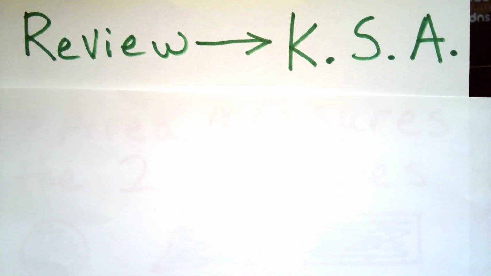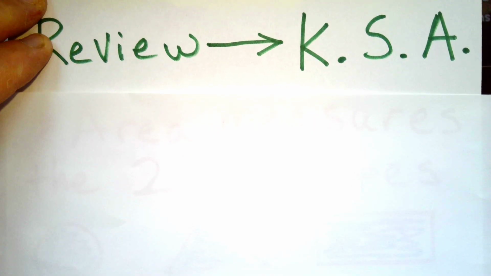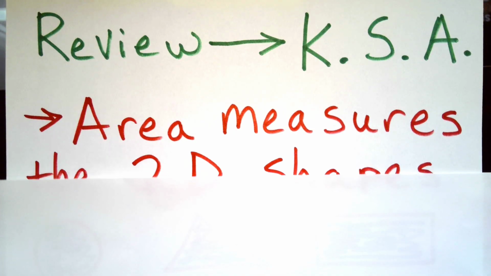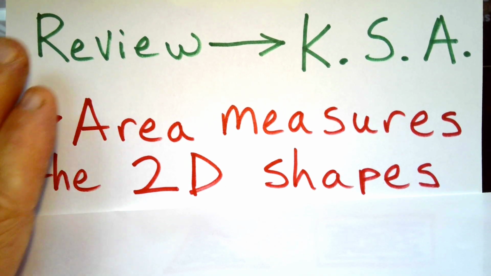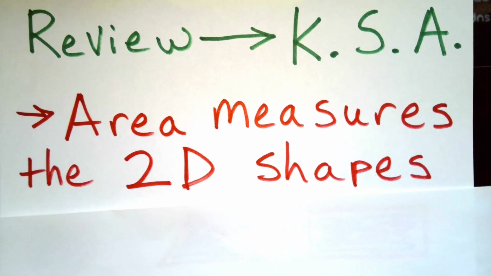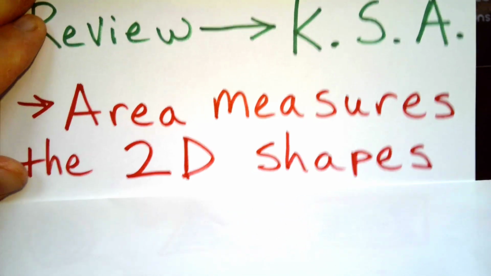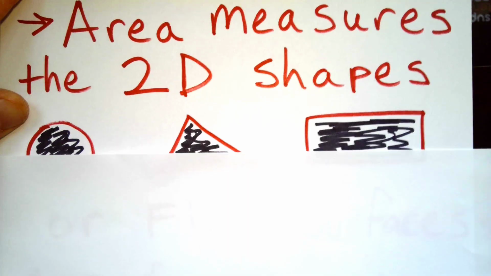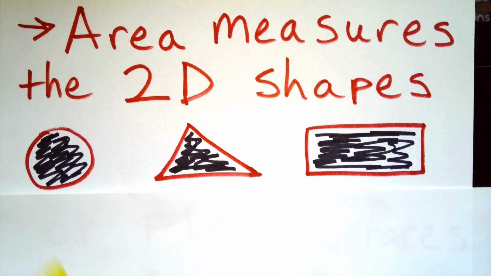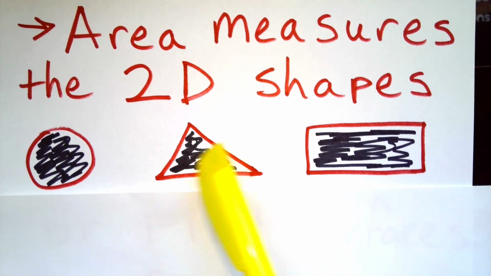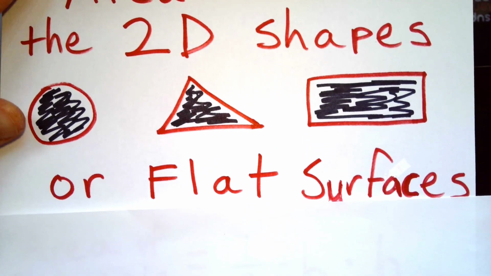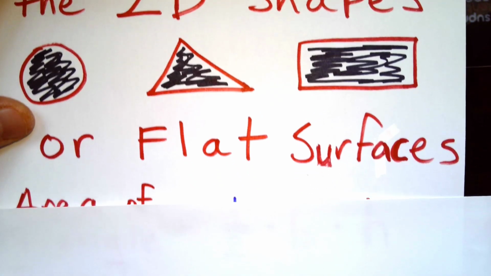Let's review some of the key knowledge, skills, and abilities that you need to answer this particular question. Remember, area measures a two-dimensional shape. The area will measure the surface of the two-dimensional shape, like you see here. It's the flat surface, right?